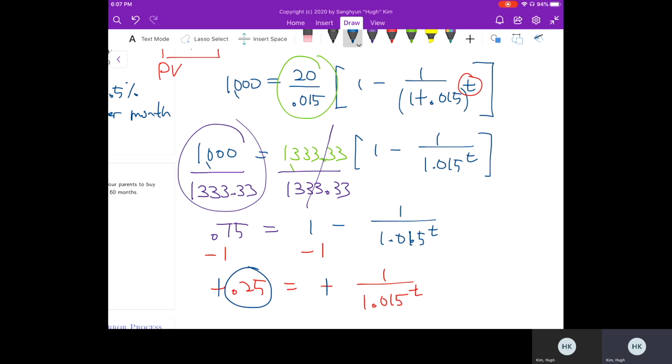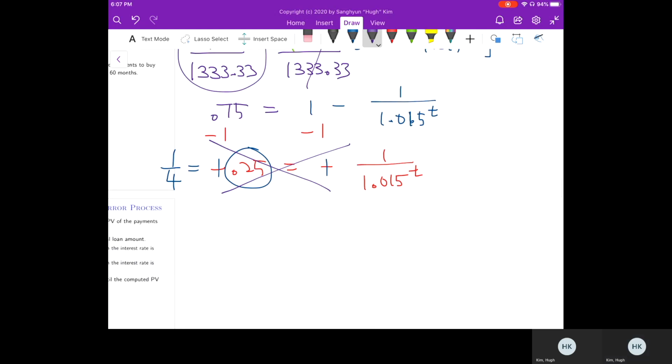So 0.25 is 1 over 4. So we can do the cross multiplication, so that is equal to 1.015 to the t is equal to 4. So that is this times this.